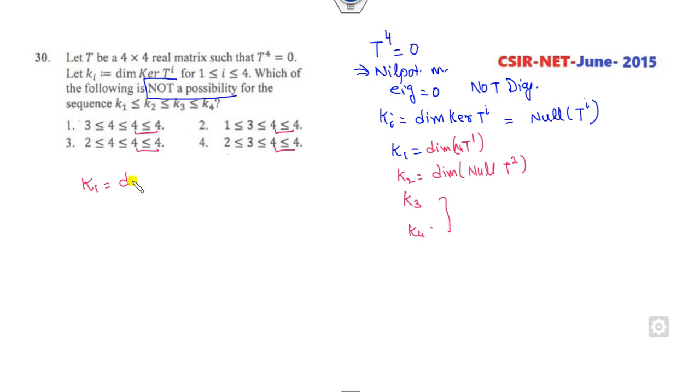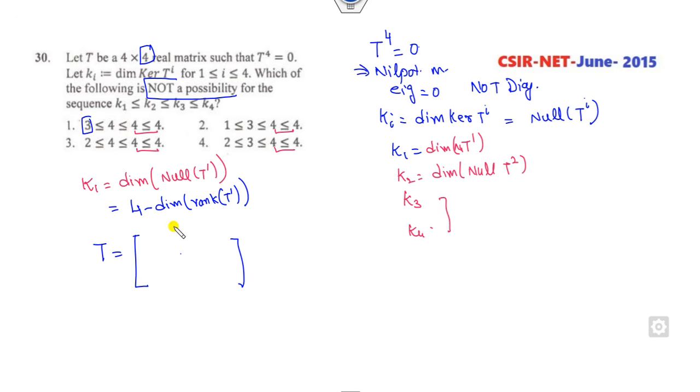So k1 is the nullity of T raised to power 1. We have to check: size 4 minus the rank of T raised to power 1. If it is 3, you have to think of a matrix whose rank will be 1, then only it will be 3, and T4 will be 0.